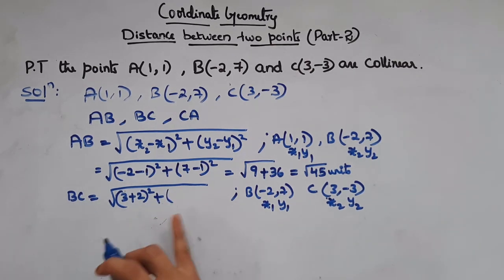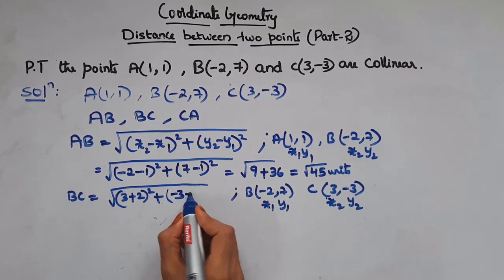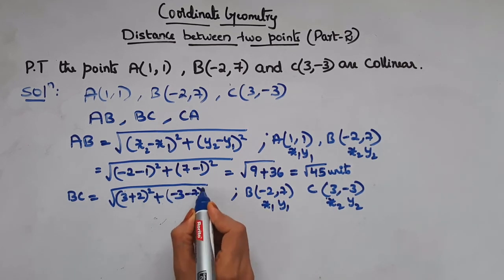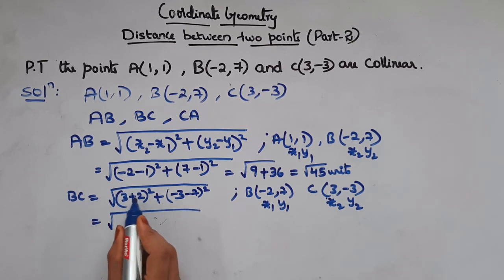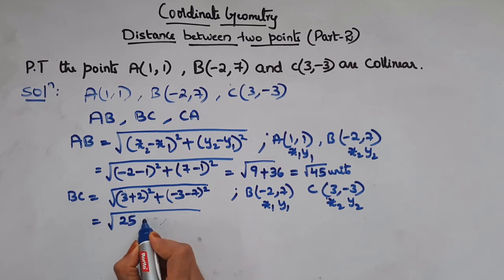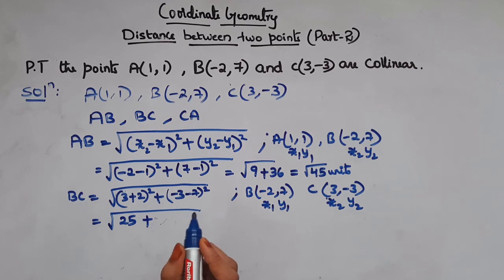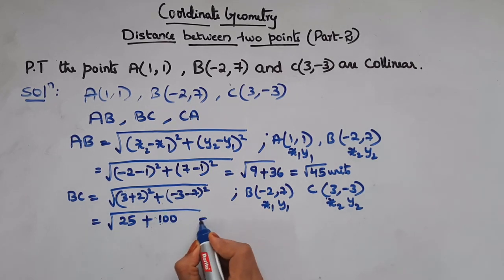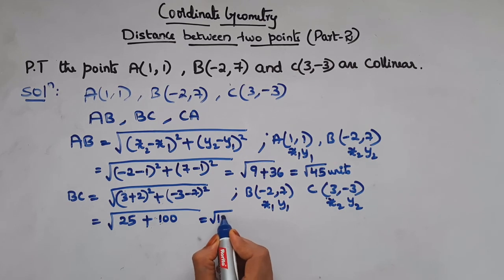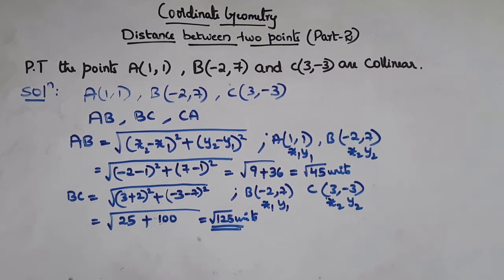So here we have y2 here is minus 3 minus y1 is 7, right? The whole square, which is equal to square root of 3 plus 2 is 5. 5 square is 25 plus minus 3 and minus 7 will give you minus 10. So minus 10 the whole square is 100, right? So this will be root 125 units, right?